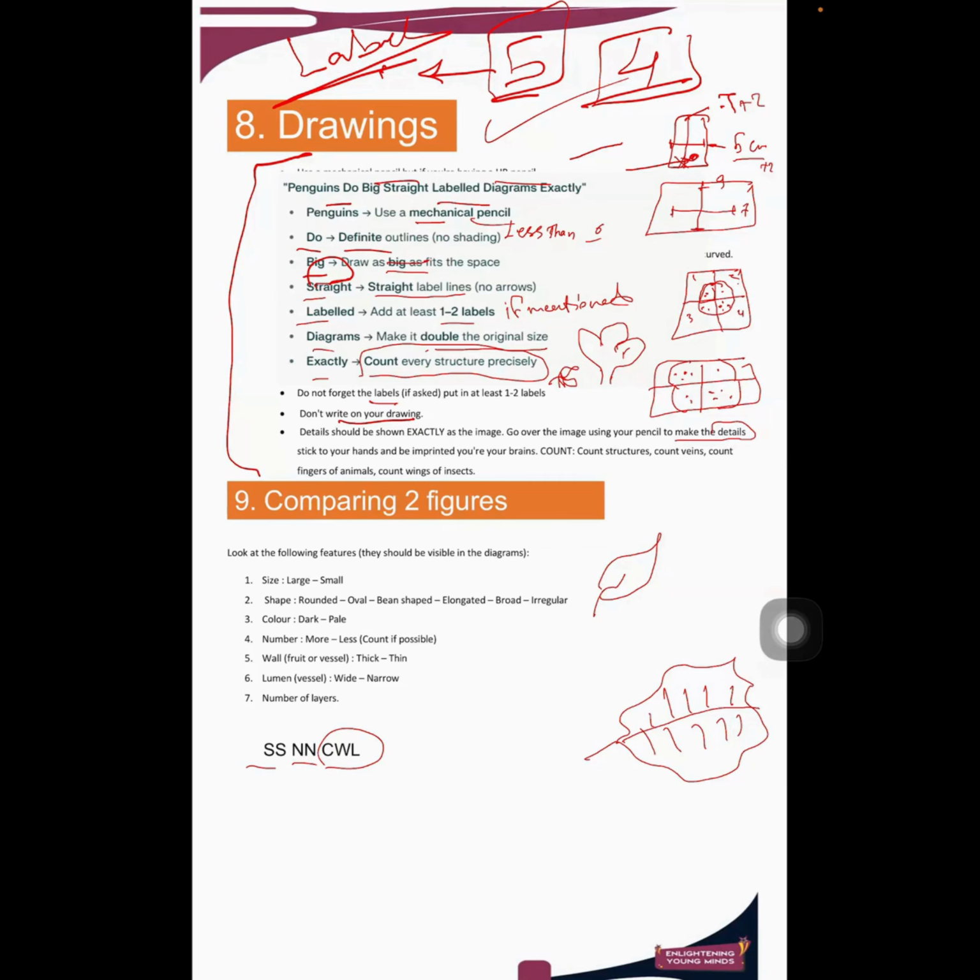The first thing that you look at to compare is the size. This is small, this is large. The shape: this is oval, this is palmate. The color: it's not mentioned here, but maybe it's mentioned. The number: more venation, less venation.